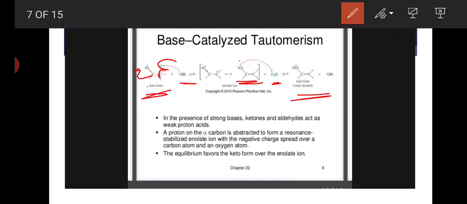The equilibrium favors the keto form over the enolate ion.